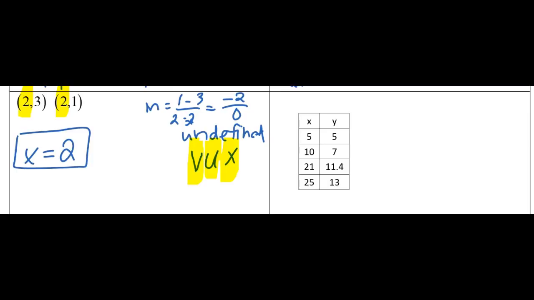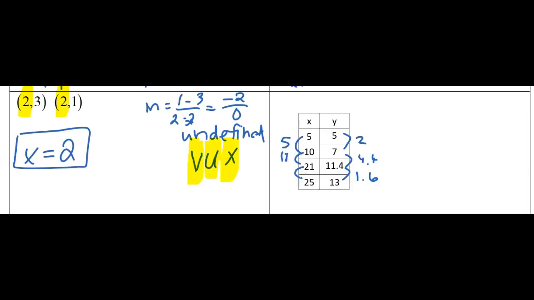And in this case, my change in y has an increase of 2, and then we have an increase of 4.4. Then we have an increase of 1.6. Now I'm going to check my change in x values. From 5 to 10, we have 5. From 10 to 21, we have 11.